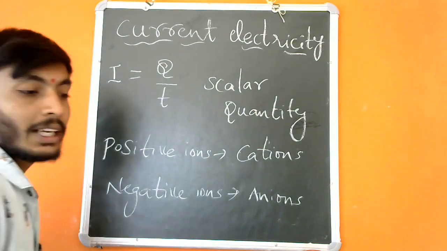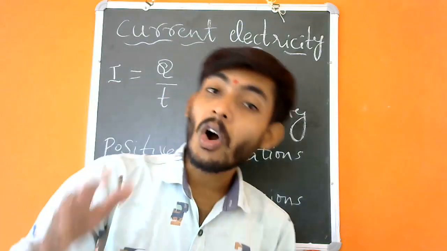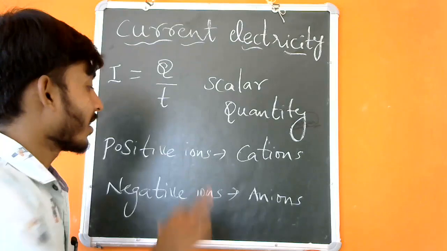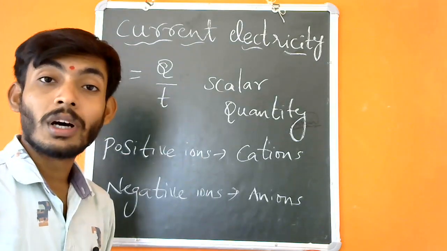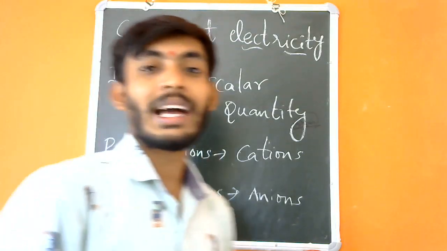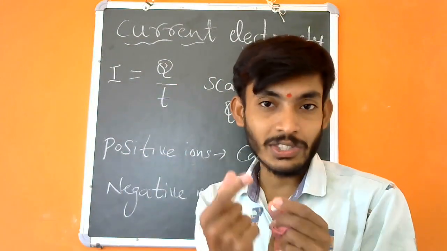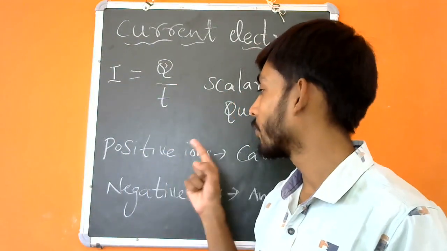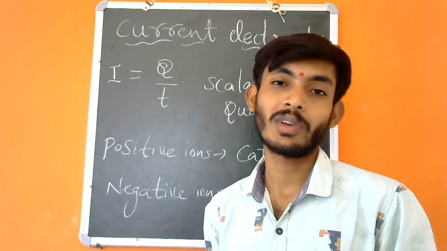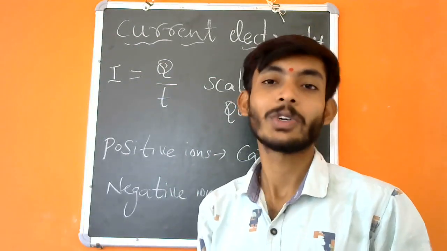So in metals or conductors, current is due to the movement of electrons; in an electrolyte, current is due to the movement of positive and negative ions, cations and anions.